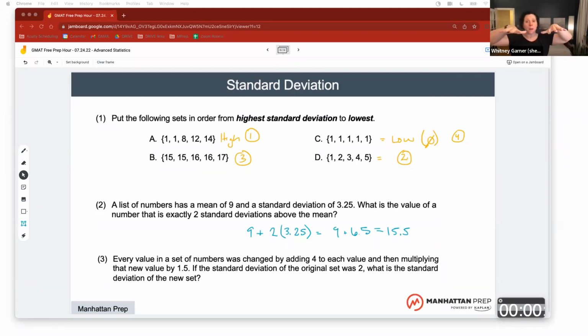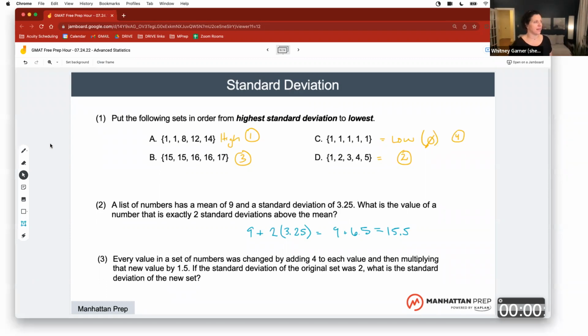If I take a bunch of numbers and I add the same thing to every number, so if I took this set 15, 15, 16, 16, 17, and I added 10 to all of them, I would have 25, 25, 26, 26, 27. There's been no change in the spread. The spread has been unchanged. So adding or subtracting the same thing to every number in a set doesn't change the standard deviation.